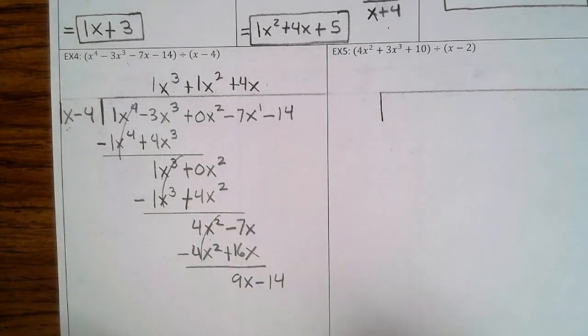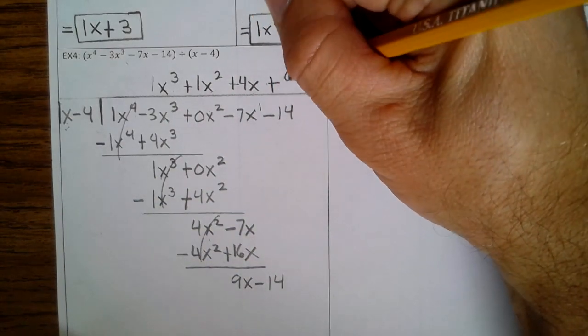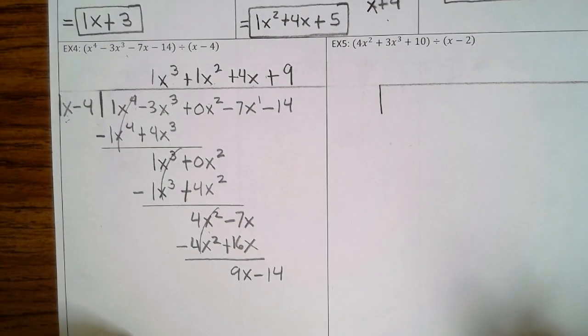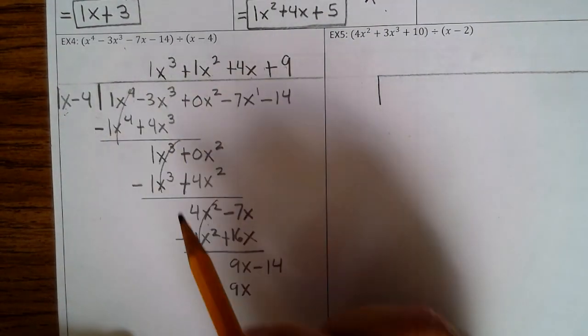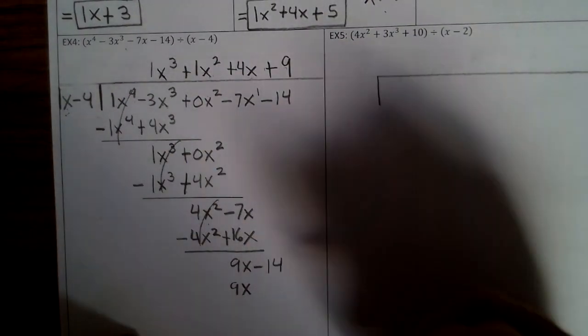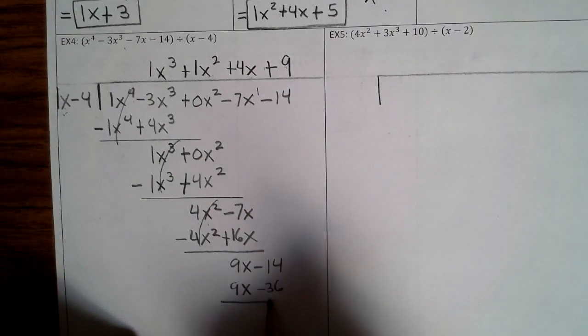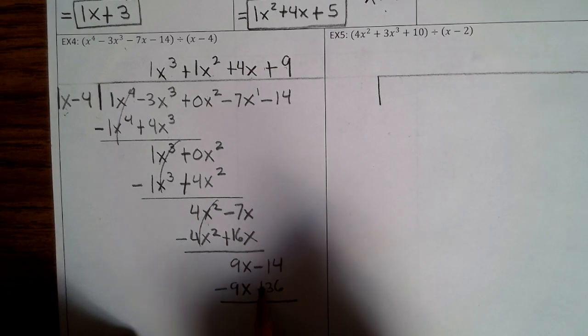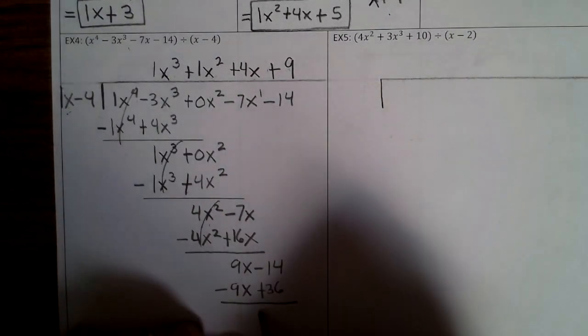14. Now, 1x times 9 gives us 9x. So let's multiply 9 times x is 9x. And then 9 times negative 4 is a negative 36. I'm going to subtract. Subtract a negative becomes positive. Negative 14 and 36 is 22.